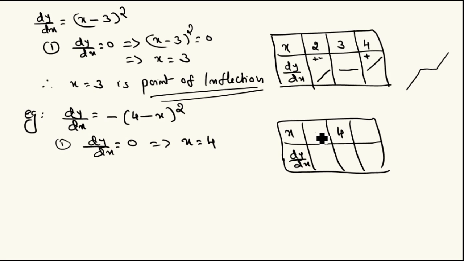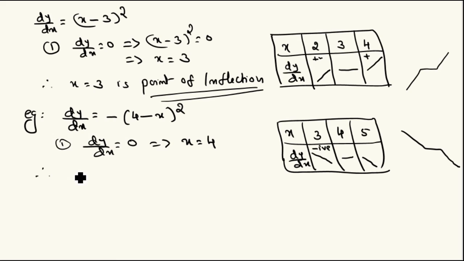So 4, left side of 4 is 3, right side of 4 is 5. At 4 we get 0. Now 3 means 4 minus 3, 1 square, that is negative. Negative means obtuse. Similarly 5, 4 minus 5, minus 1 square, again negative. So your graph is coming like this.